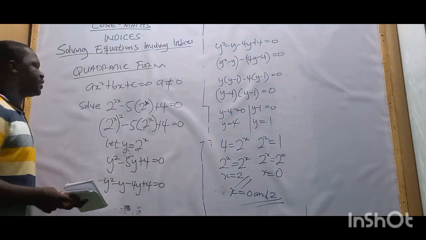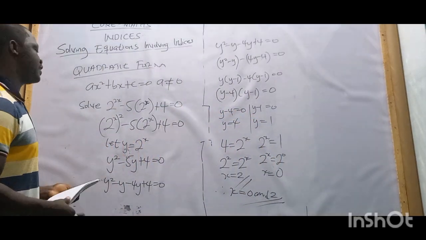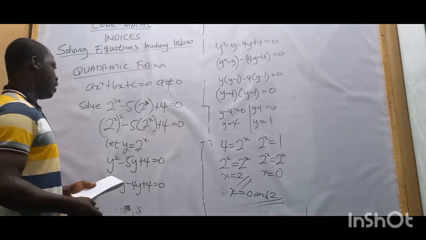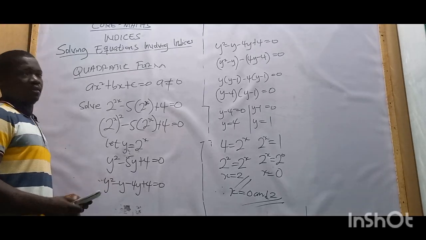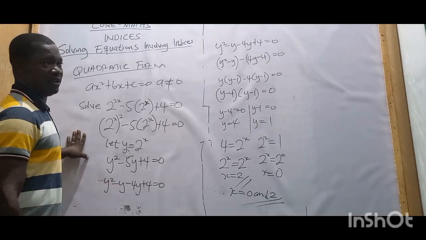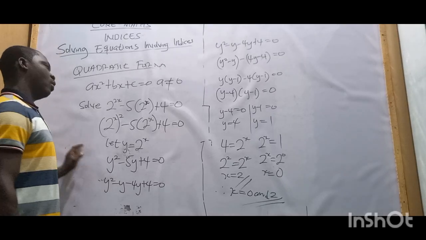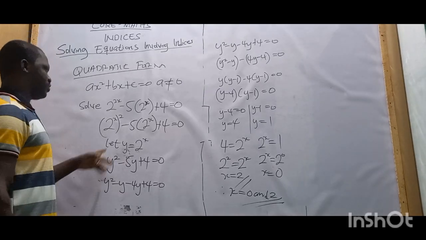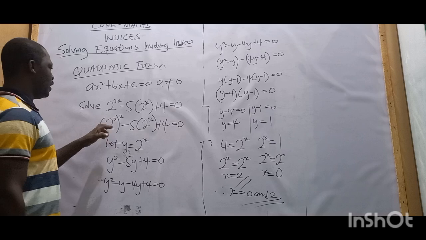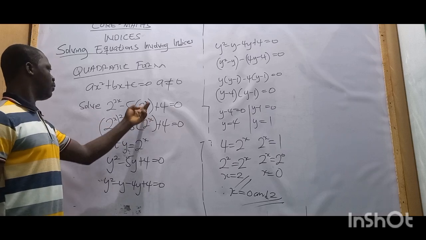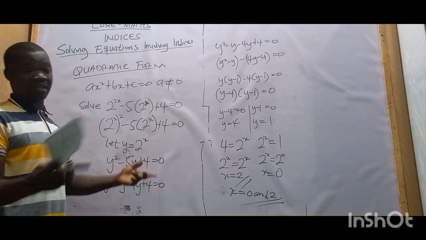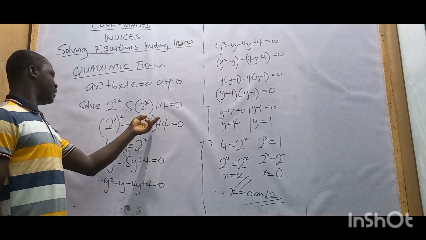Please, it's very simple. Try several examples in your textbook. If you have any challenge, chat me on the comment section or WhatsApp me. The trick is you have to write any of them in this form. Most times in the question you see something exponent something.